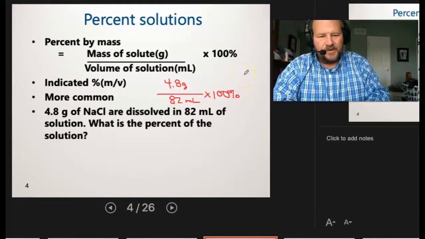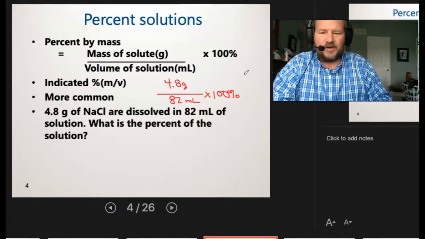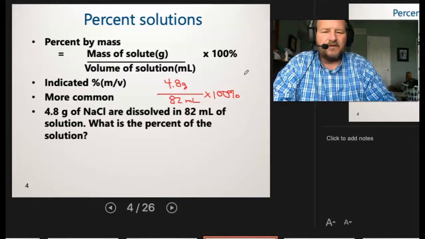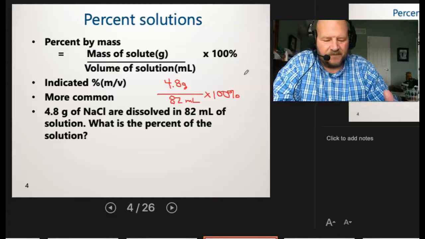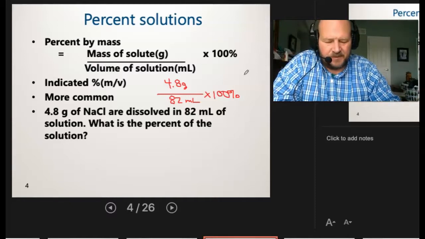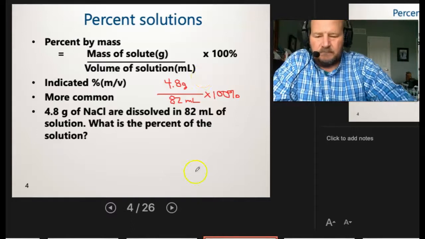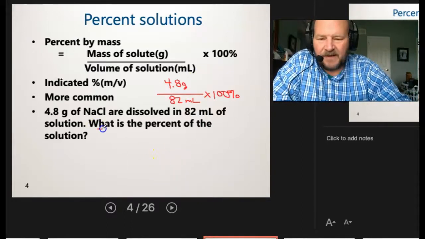Here we're just going to ignore the grams and the milliliters, recognizing that whenever it's percent M over V, it should be grams per milliliter. 4.8 divided by 82 times 100. Again, 2 sig figs, so it's going to be 5.9% M over V.